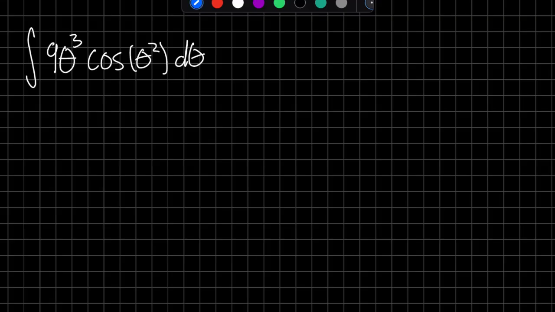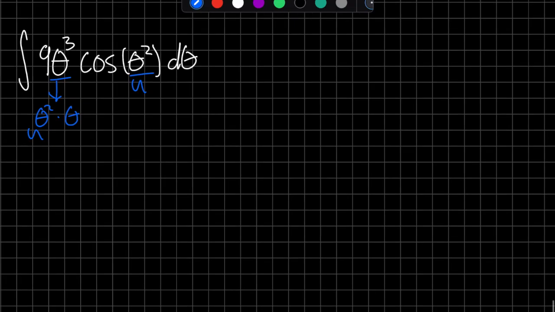What told me to do that is because this theta cubed right here can be split up into theta squared times theta, right? And look, if we were to do a u sub for the theta squared, this would also turn to u. So everything would look a lot nicer. So let's go ahead and try that out.